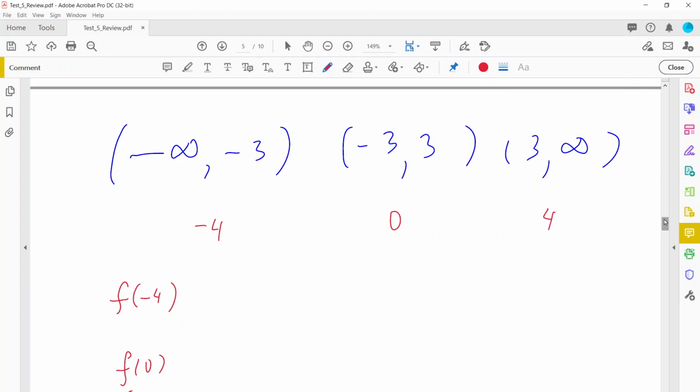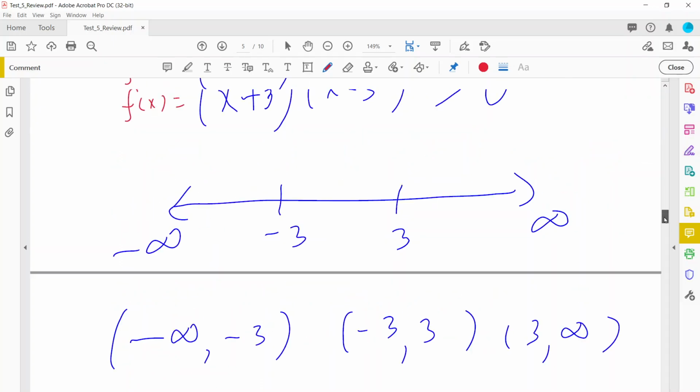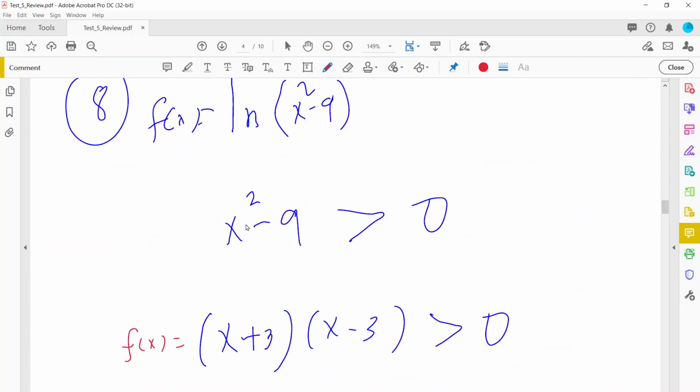If you put negative 4 for x in the function, you will get a positive value because it's x squared minus 9. So negative 4 squared minus 9 is 16 minus 9, which is 7. That's positive. So this is not f of x.